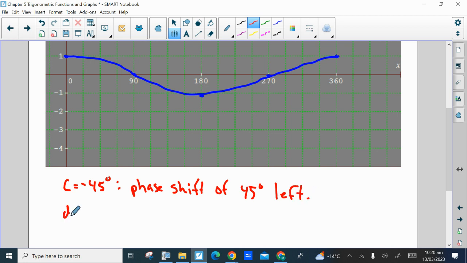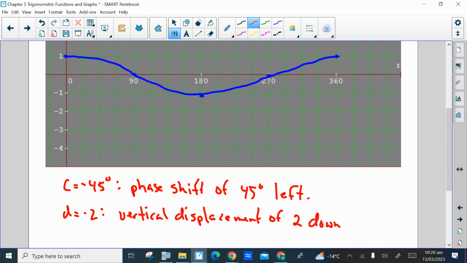And we have our d value of -2, which means we're going to have a vertical displacement of 2 units down. So again, this terminology, phase shift, vertical displacement, is only used when you're graphing trig functions.